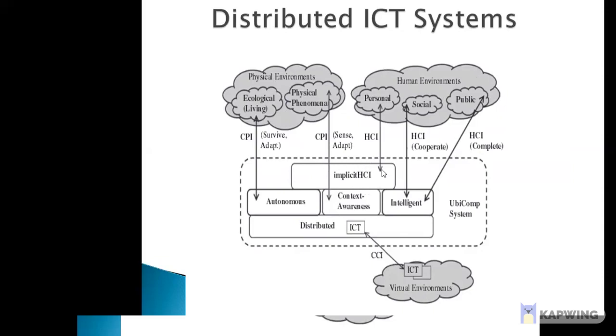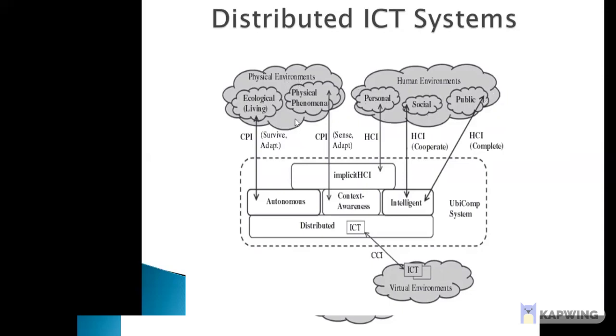So these are the five properties of a ubiquitous system. First one is implicit HCI, second one is autonomous, so automaticity, third one is context awareness, fourth one is intelligence. The system should be intelligent. We automatically acquire all the properties based on the environment, and fifth one is distributed. In the physical environment, we have the ecological living things, and second, physical phenomena, all the physical objects. And in the human environment, we have personal, social, and public features.